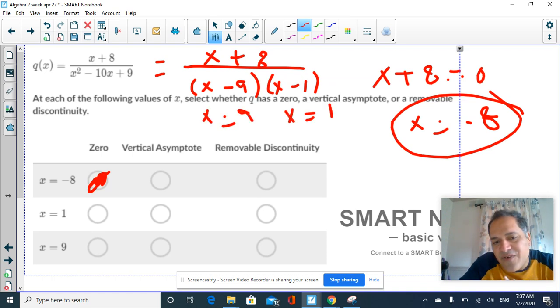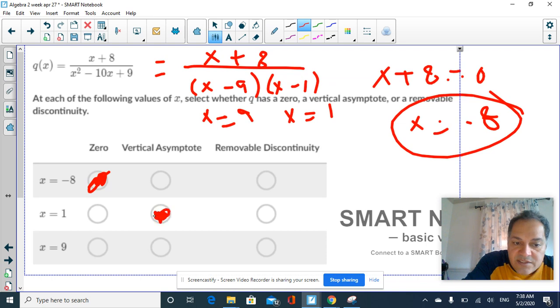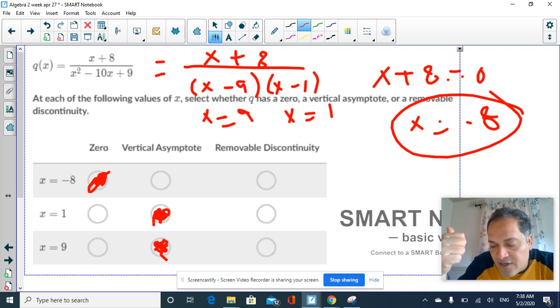So after simplifying, if you have any linear factors in the denominator, like x minus 9 and x minus 1, so it's x equal 9 and x equal 1. This is what? Vertical asymptote. This is not the horizontal one. You understand now how last time we made a discussion about horizontal, not a vertical one.